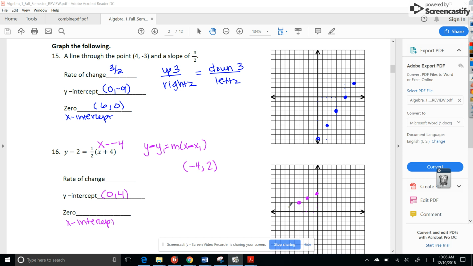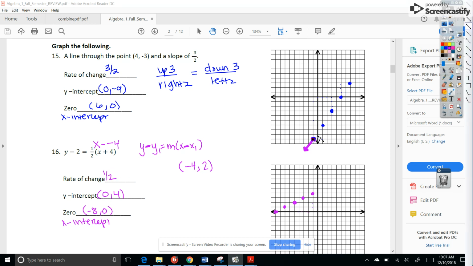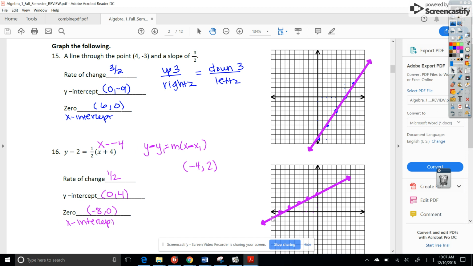Down 1, left 2, and down 1, left 2. And there's my x-intercept, at -8. My rate of change was a half. Okay, I probably should connect these with arrows on both sides to show that my domain and range are all real numbers.